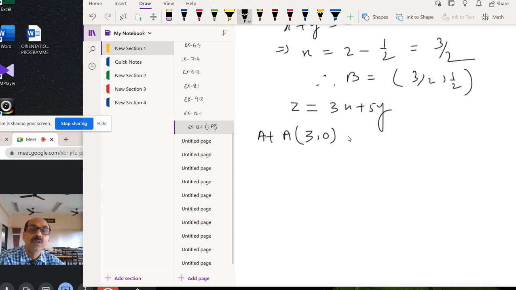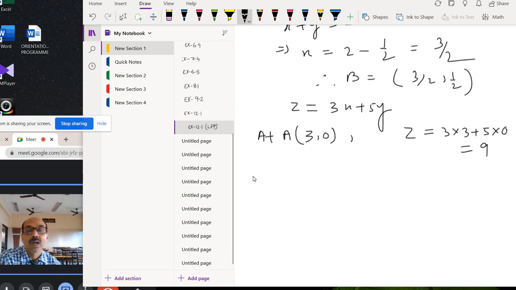So Z equal to 3 into 3 plus 5 into 0 equal to 9.